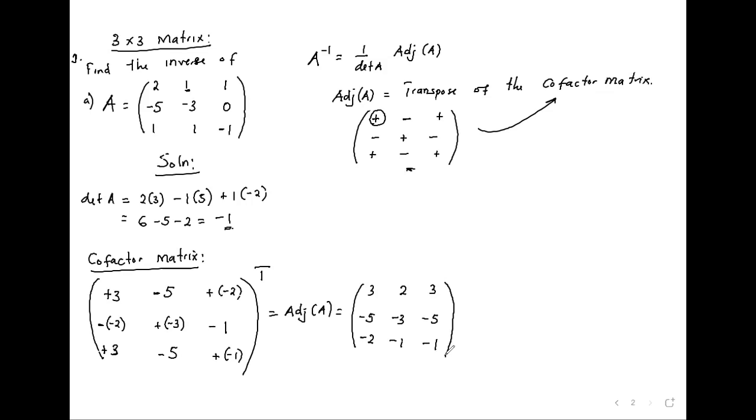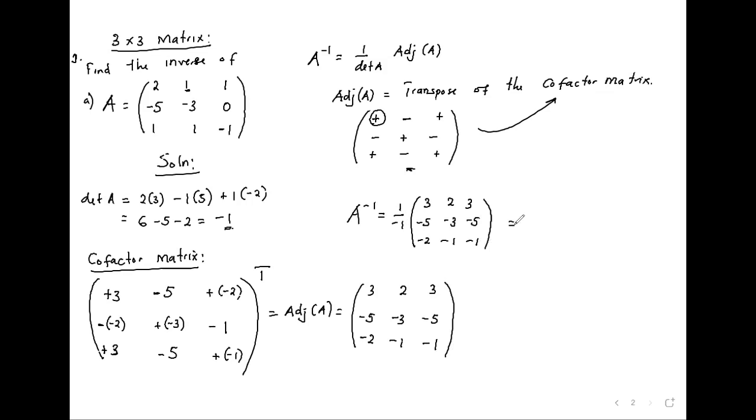So now the inverse of A is equal to 1 over -1 multiplied by 3, 2, 3, -5, -3, -5, -2, -1, -1.